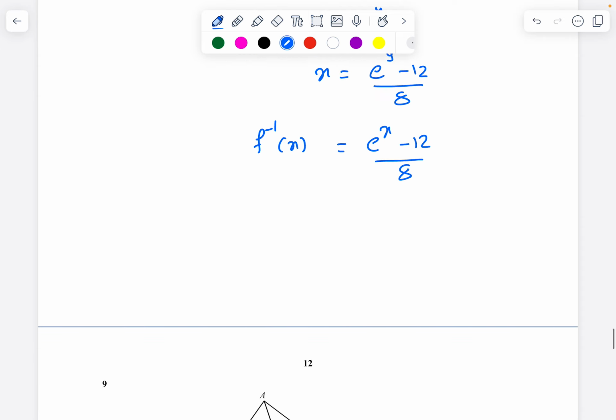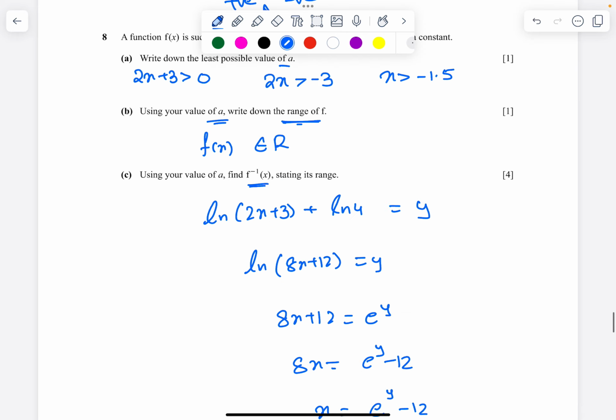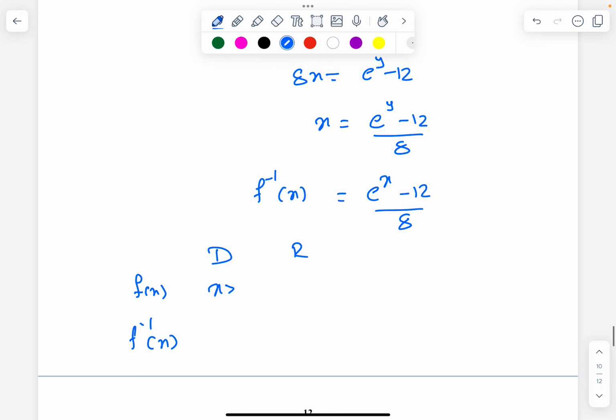Now, domain and range. f of x, f inverse of x. Domain of f of x. Has he given the domain of f of x? x is greater than a. x is greater than minus 1.5. Range is R. Now for f inverse, the domain will become the range and the range will become the domain.